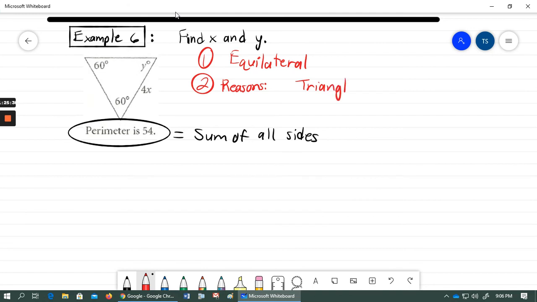If you do your triangle angle sum theorem, all three angles got to add to 180, 60, 60. That means that the third angle has to be 60 degrees there.